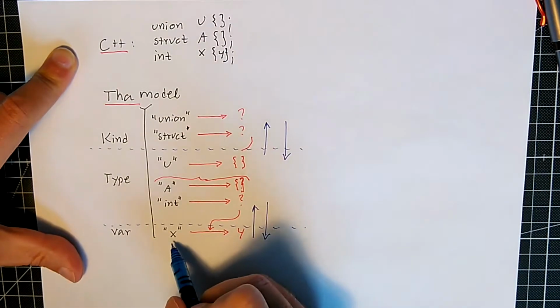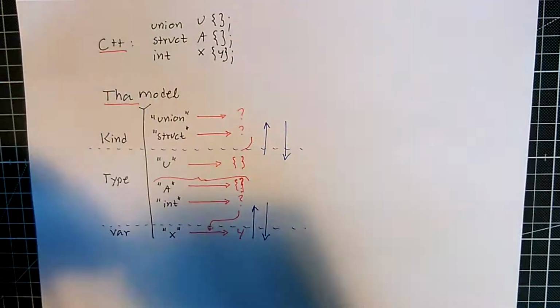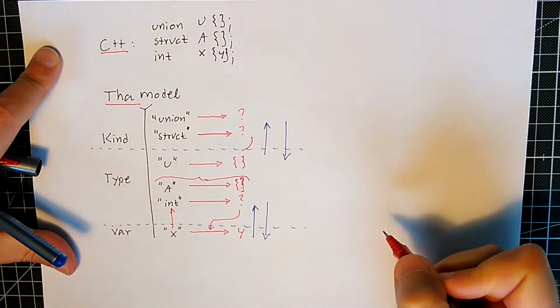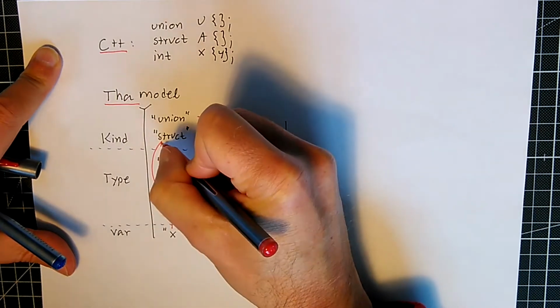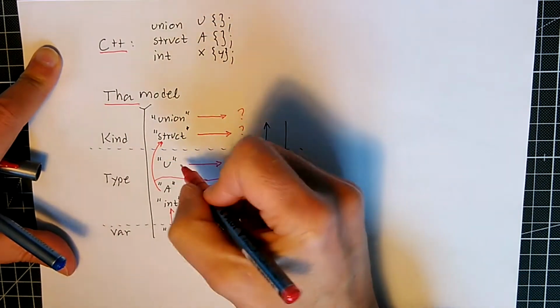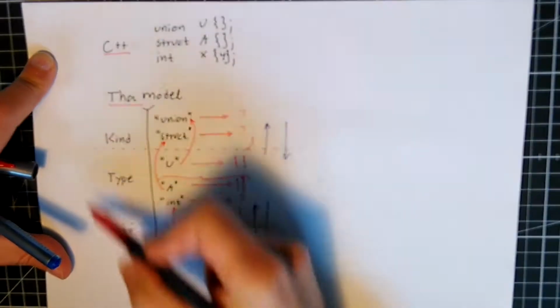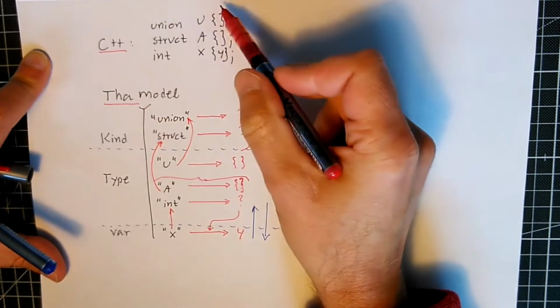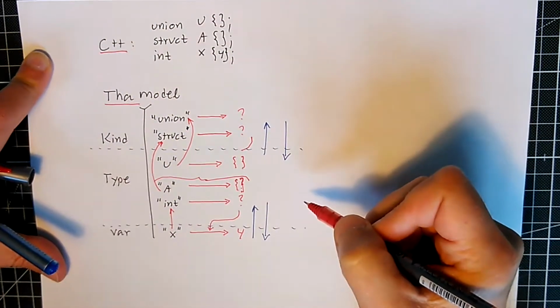So we keep track of that the variable x is of type int. So we have a relation like that. And also the type A is of struct. So that one relates like that. The union type U also keeps track of that. So when the compiler compiles this C++ code, it actually keeps track of all these relations.